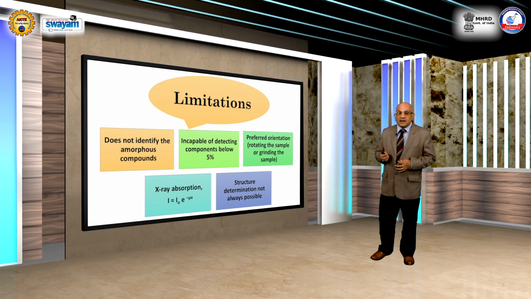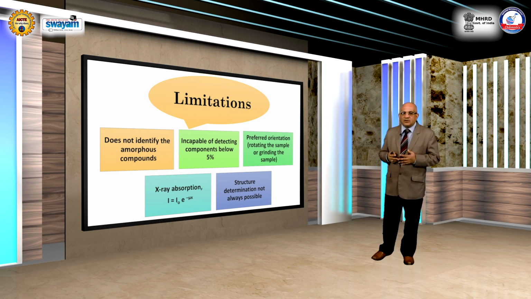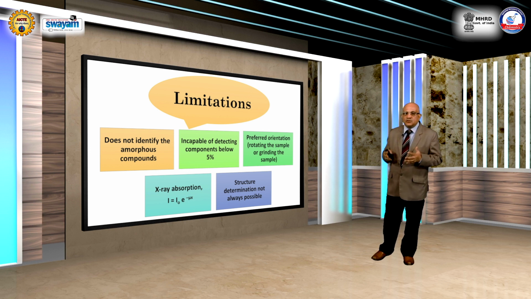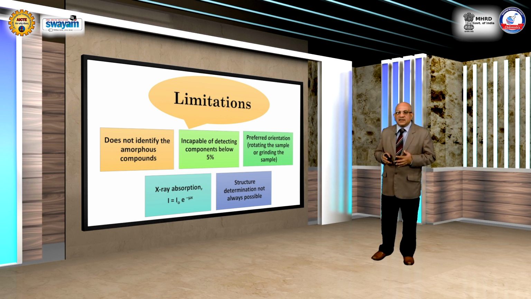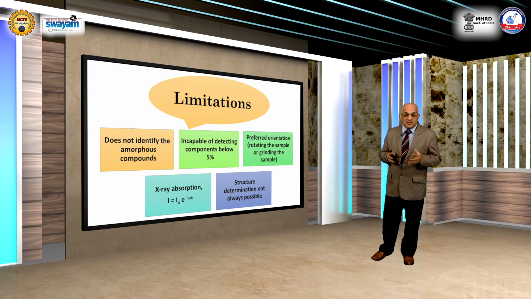Materials which absorb X-rays are not very good candidates for powder X-ray diffraction, and that depends on the absorption coefficient mu; depending on that, you have to choose other techniques. And finally, structure determination from powder X-ray diffraction is very difficult and not always possible, whereas it is possible using single crystal diffraction.